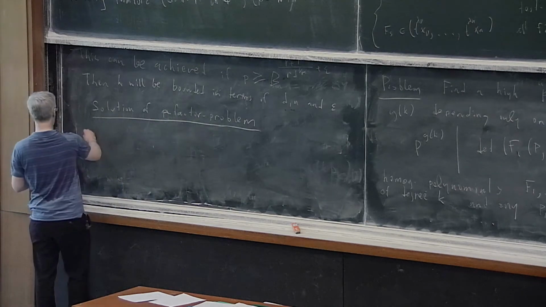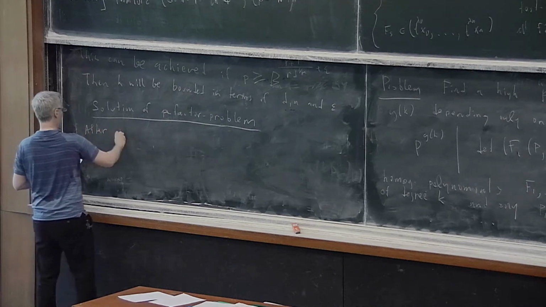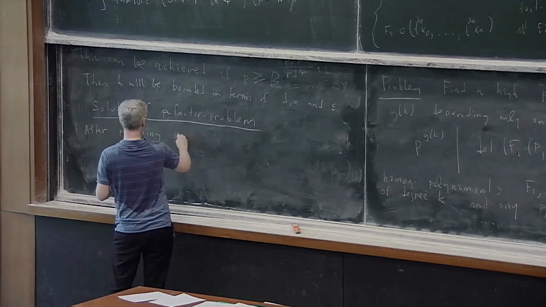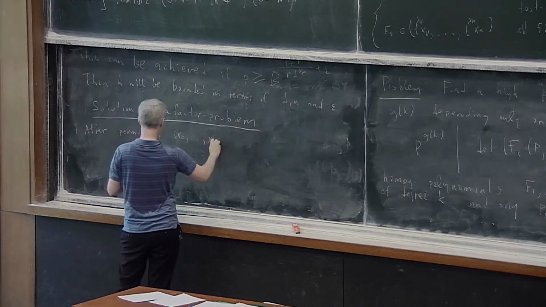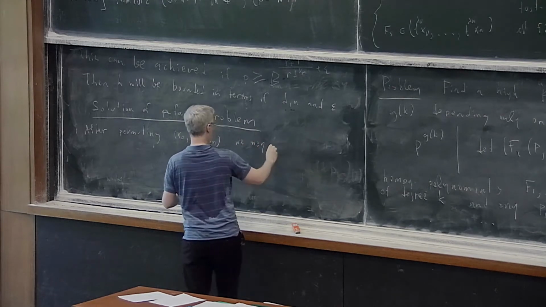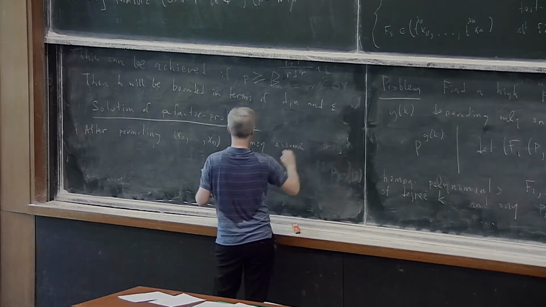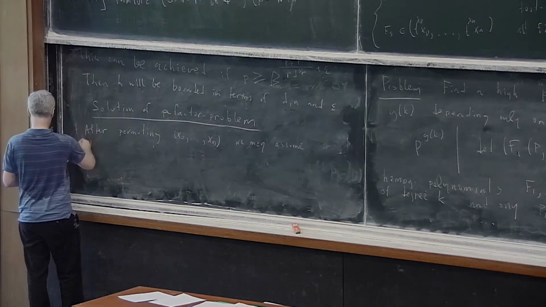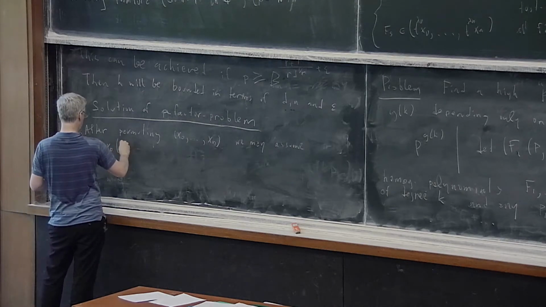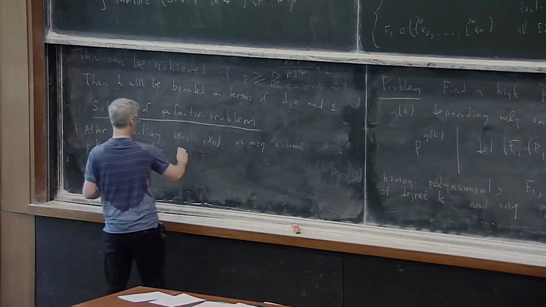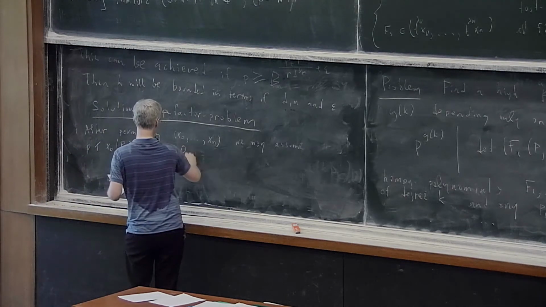So after permuting these coordinates x0, ..., xn, we may assume that the first coordinate, p does not divide x0 of P_j, for any P_j.